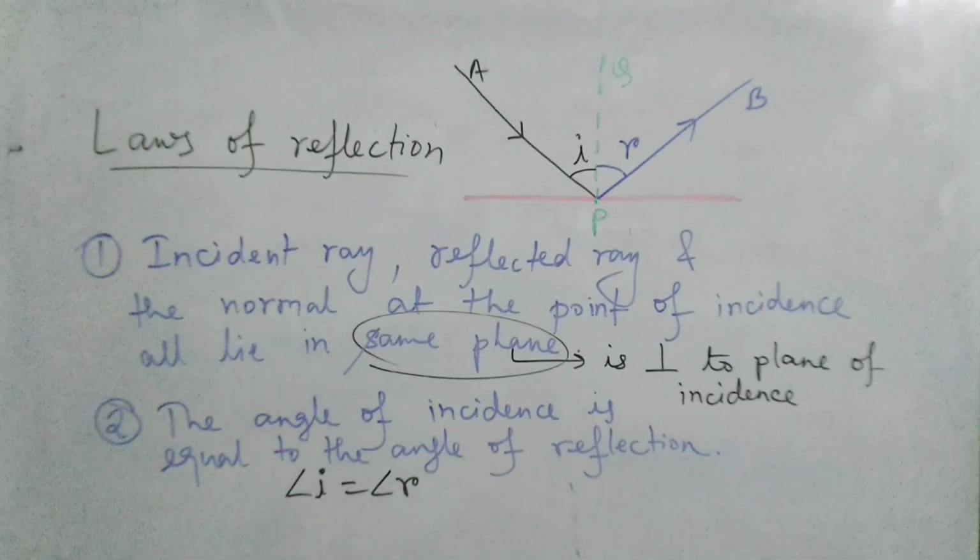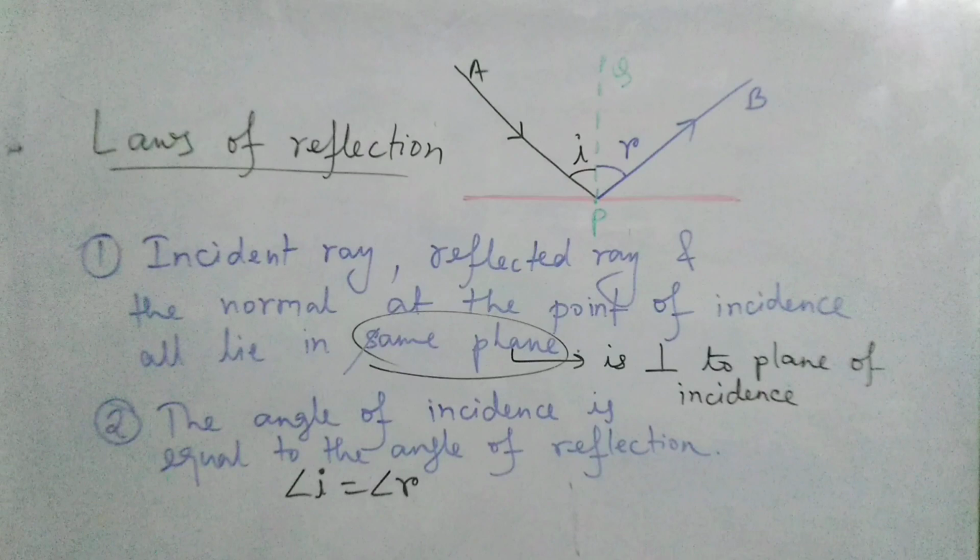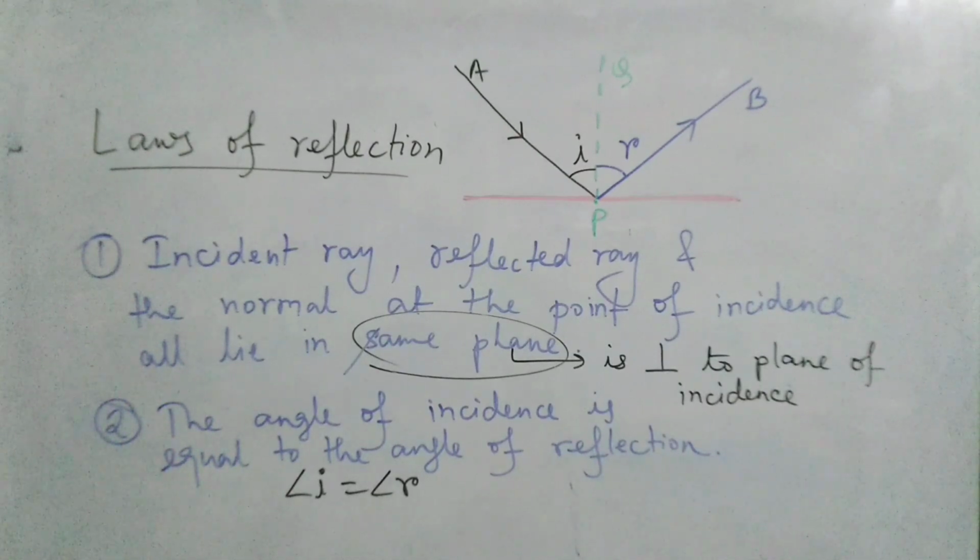For a pair of rays, that is the incident ray and the reflected ray, this law always holds true. So the angle of incidence and the angle of reflection are always equal for any kind of reflection.